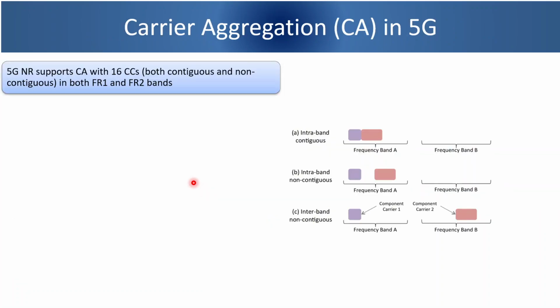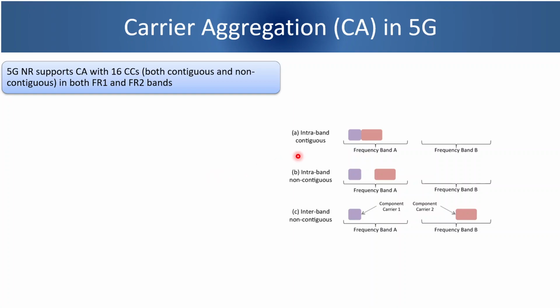In 5G NR, support of 16 component carriers is there. That means 5G supports carrier aggregation of up to 16 component carriers.